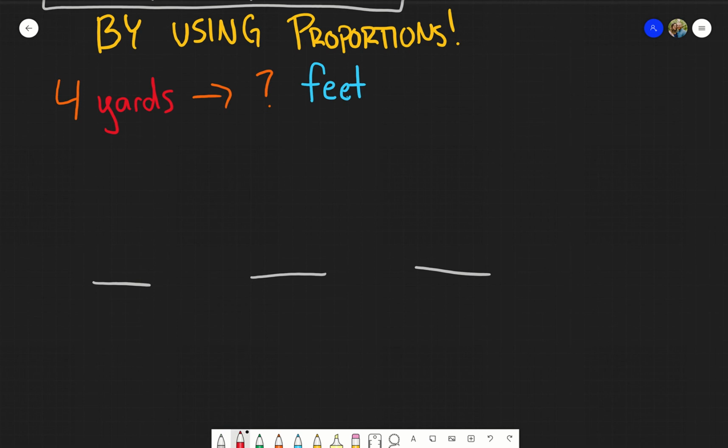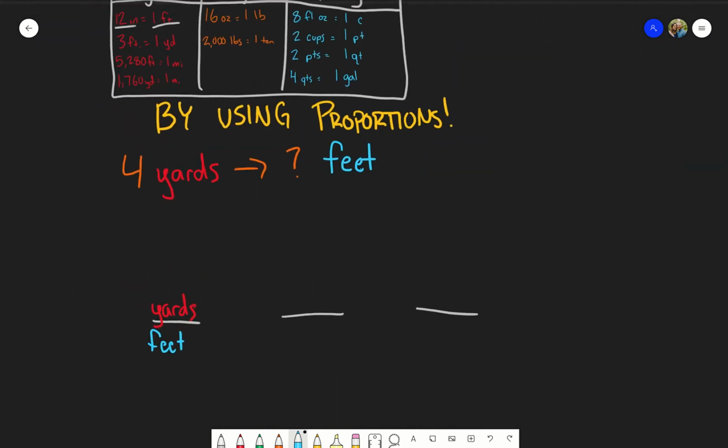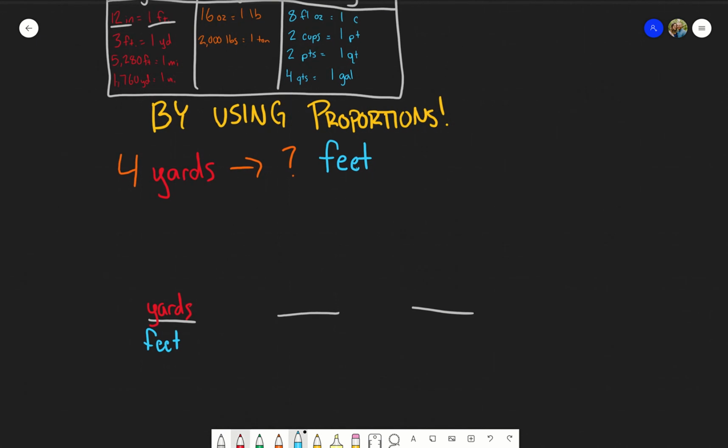My first one's just going to be units. Yards to feet. Now, what's my relationship up here on my table between yards and feet? Well, 1 yard equals 3 feet. Right up here, I've got 1 yard equals 3 feet. So I keep that. Yards stay on top, feet stay on bottom.